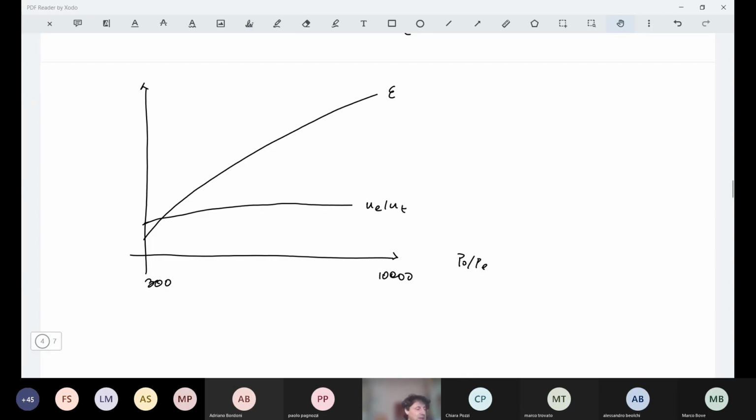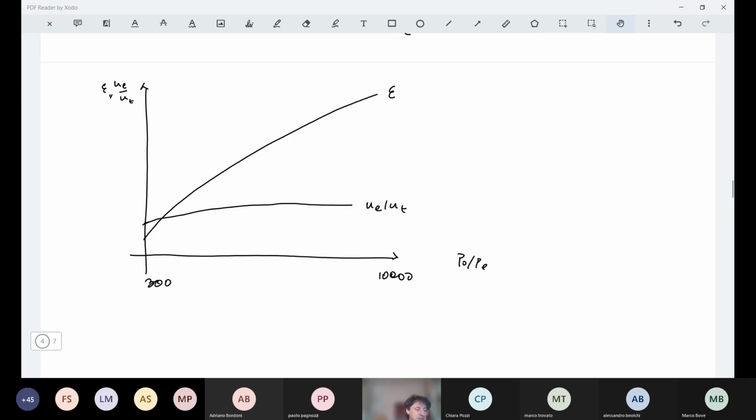So we can easily understand that from a given point on, possibly it is not so interesting to increase the area ratio, as we have bigger, heavier nozzles without a corresponding interesting increase of the exhaust velocity.